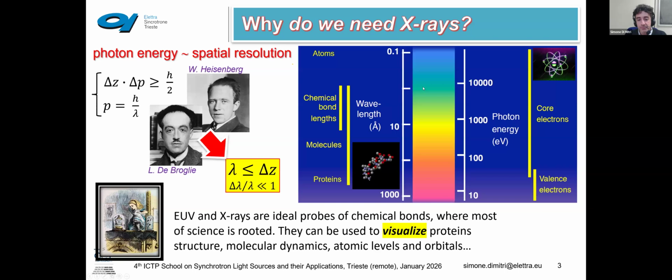And that's why we need X-rays, which have to satisfy not only the requirement on the photon energy per se, but also on the distribution in space, time, and frequency, as we will see in a moment.